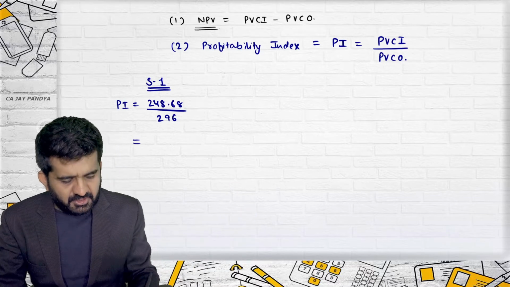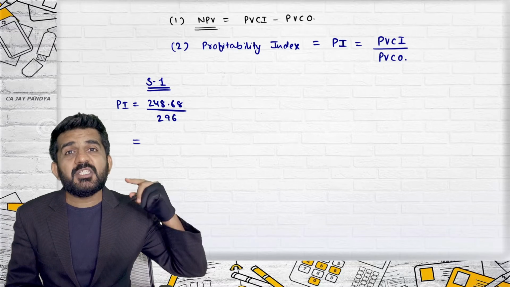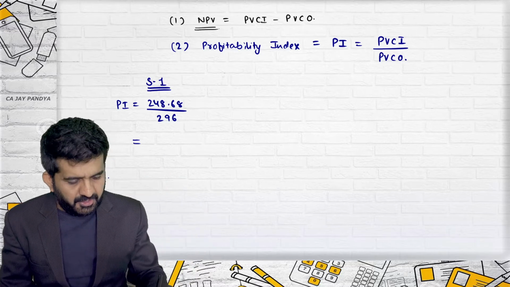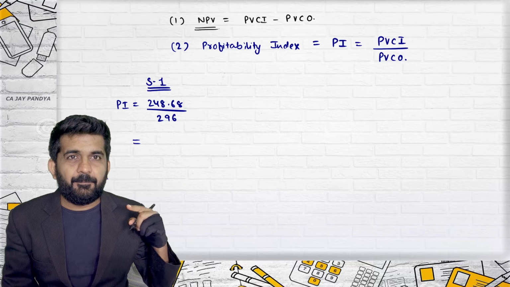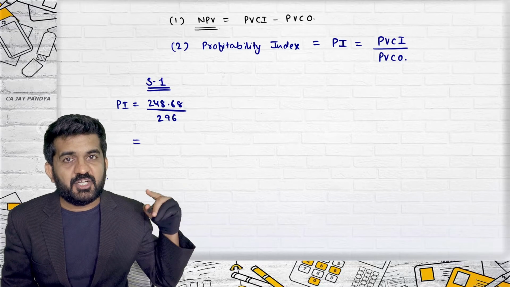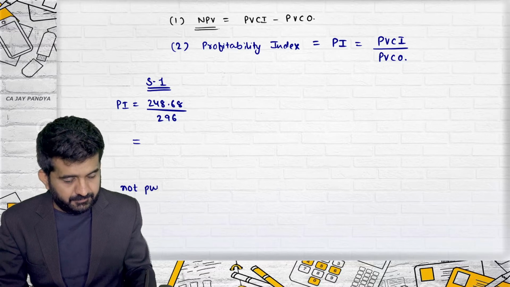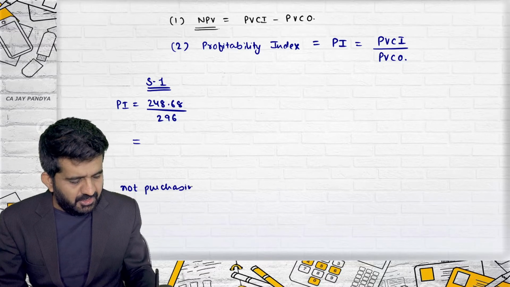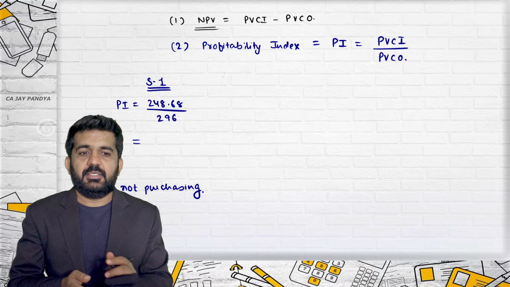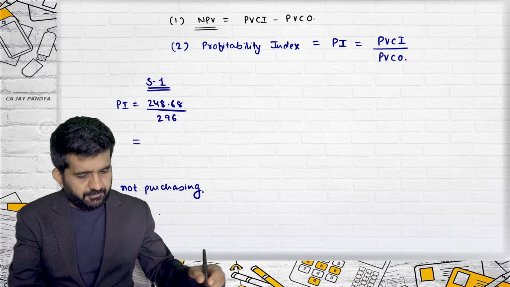I will be getting the answer of profitability index. What was the answer in point number 1? The net present value was negative, so we were not purchasing. And here also we will be getting the same answer, that we are not purchasing.